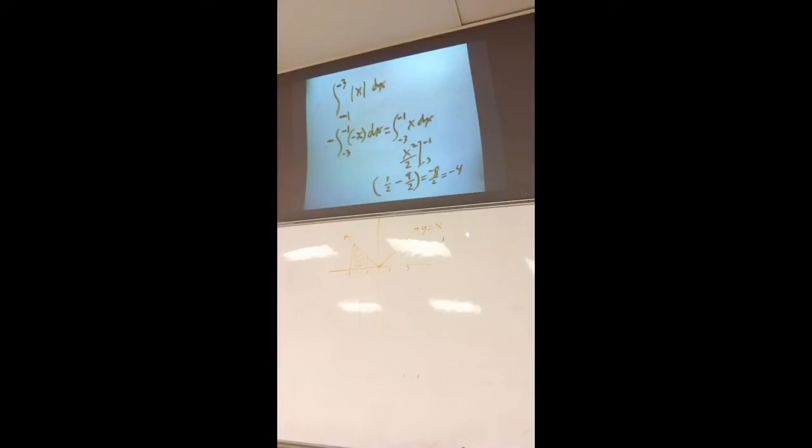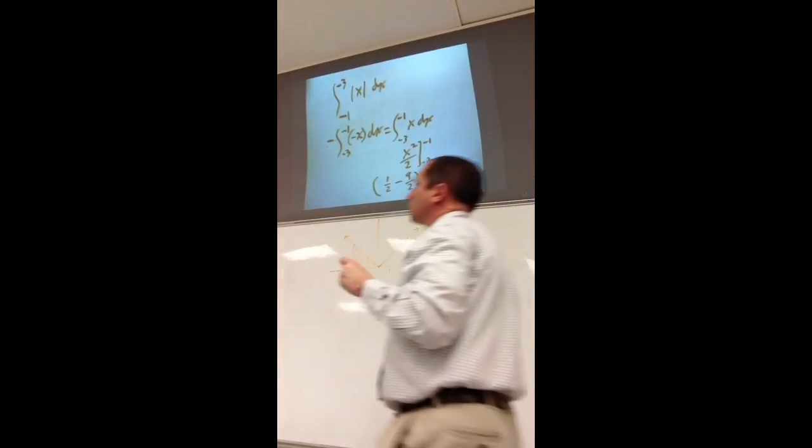I've got a negative area right there. Why? Is it because you take the absolute value?